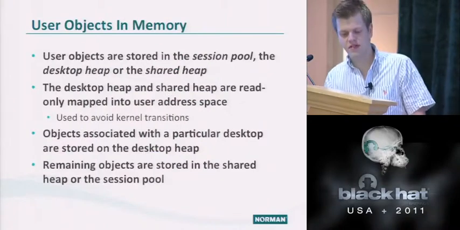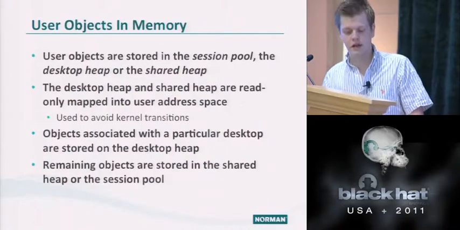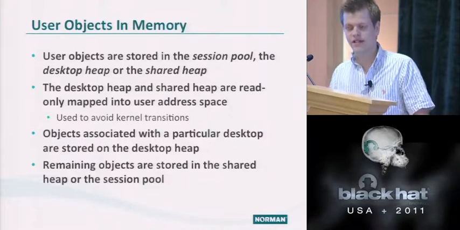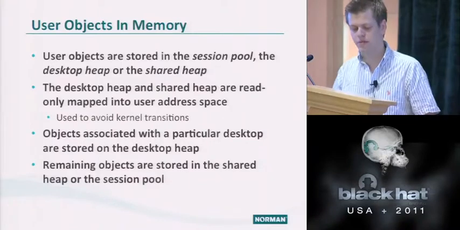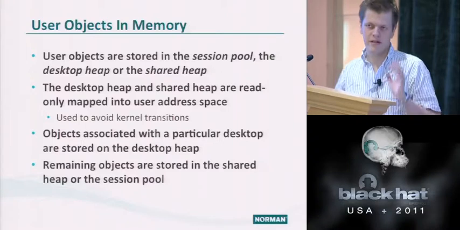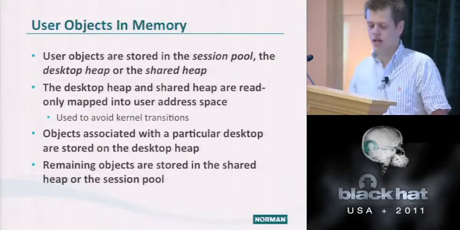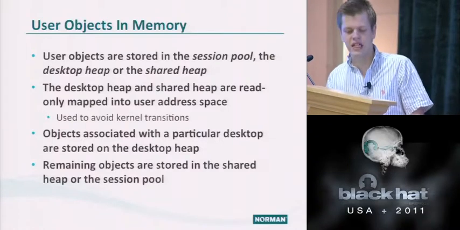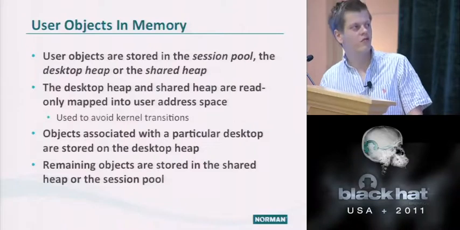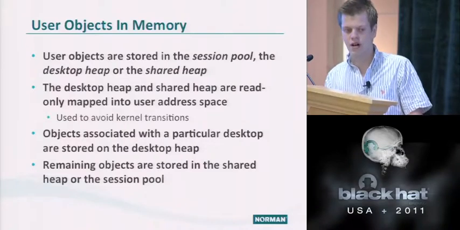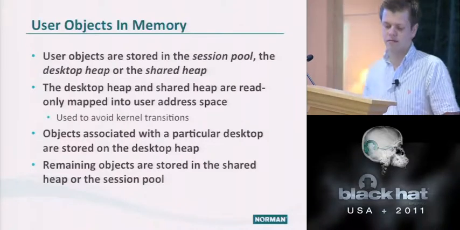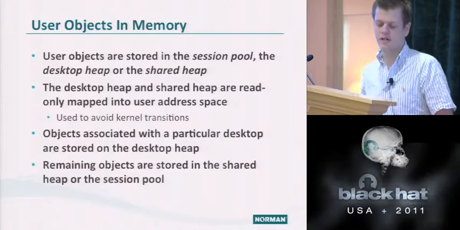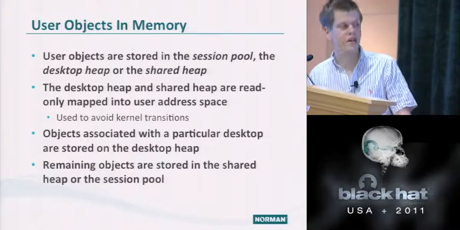So user objects are stored in either the session pool, the desktop heap, or the shared heap. All of these are in kernel mode, obviously. The desktop heap and the shared heap are read-only mapped into a user address space. So any process that invokes the GUI subsystem will have these memory mappings set up.